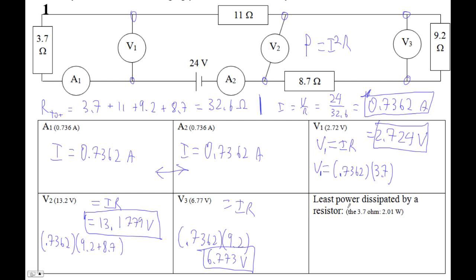It would be the 3.7. So let's toss the numbers in there. Power is I squared R, so it's 0.7362 squared times 3.7, and that's 2.005.